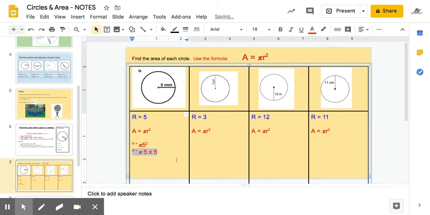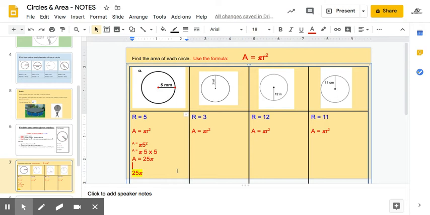Now we are simply going to multiply the two numbers together and bring down the pi. So the area is going to be equal to 5 times 5, which is 25, and bring down the pi. So the area of this circle is simply 25 pi.